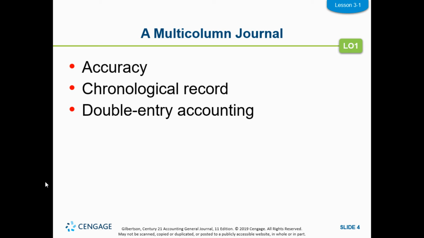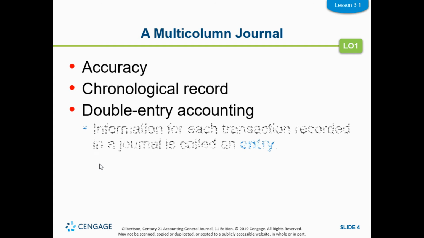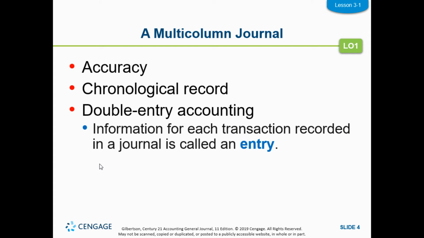Double entry accounting, which means for every debit entry, we have a corresponding credit entry. And after we enter something in a multi-column journal, our debits, everything on the left side, must equal our credits, everything on the right side. Information for each transaction recorded in a journal is called an entry. So if, for example, I debit some general account and put in the account title, that is one entry.